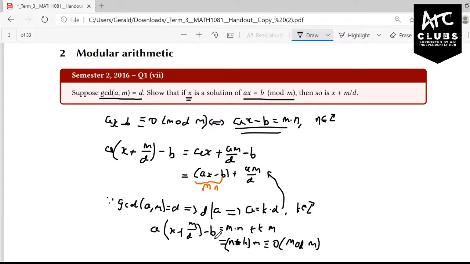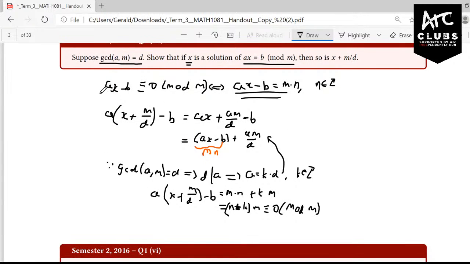So what we've actually proven is we assumed that X was a solution to this congruence. And so we can write it as AX minus B is congruent to 0 mod M. And so from here, we know that AX minus B must be a multiple of M, where N is an integer.